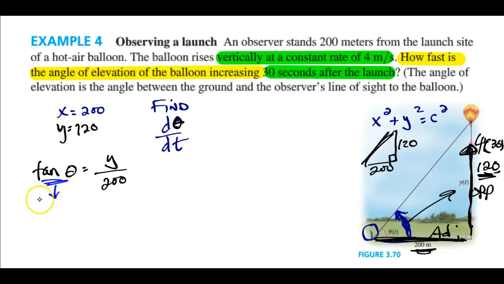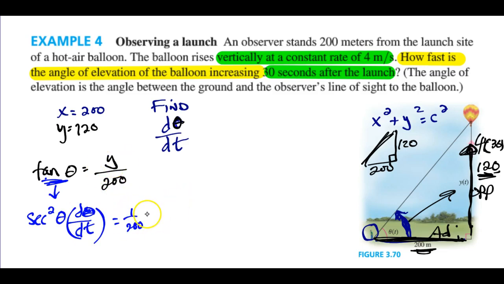So let's take the derivative of both sides, and because I need to get to dθ/dt, I think I'll create it right here. The derivative of tangent, if you remember, is secant squared theta, but then we remember the du. dθ/dt is the derivative of the left side. The derivative of the right side, well, the constant just pops out, the 200.